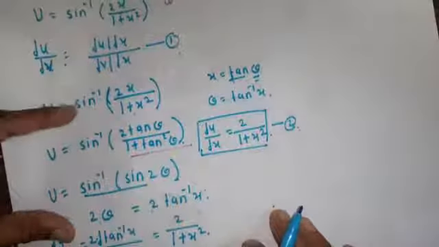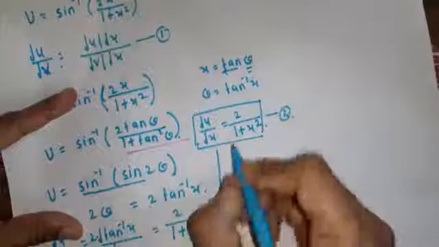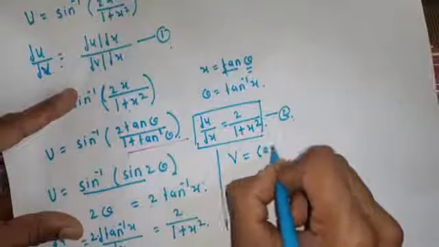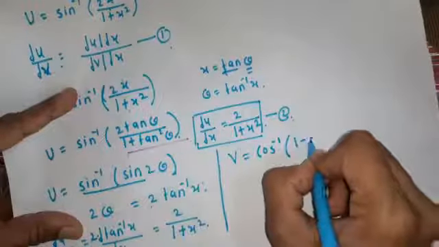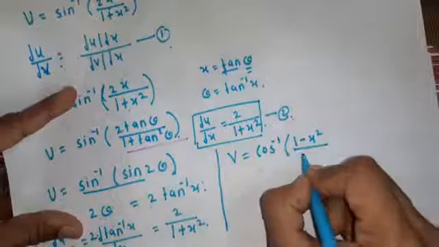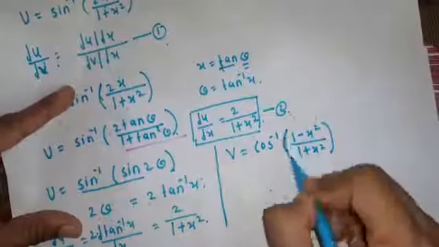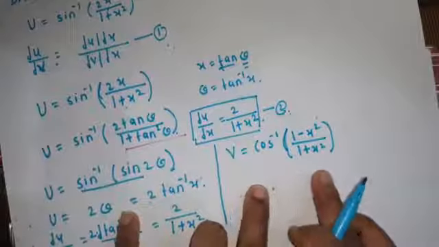Now to find dv by dx, let us see what the function v is. So v is cos inverse of 1 minus x square upon 1 plus x square. Okay students, so this is the function v. Again simplify the function.